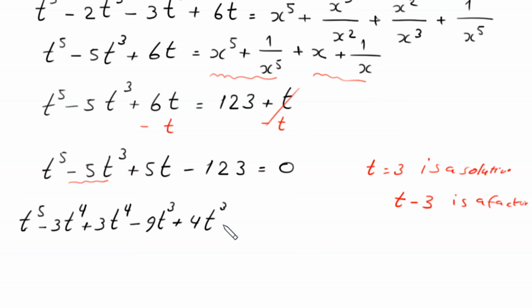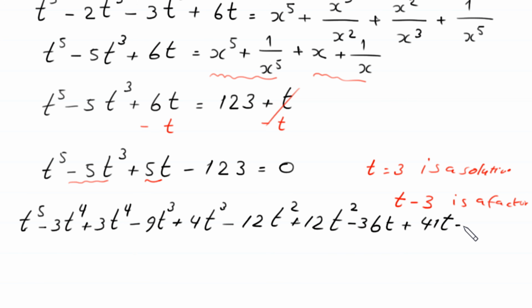Now we add and subtract 12t squared. We add 12t squared, and we write this 5 times t as negative 36 times t plus 41 times t, and this negative 123 will remain the same. Negative 123 is equal to 0.